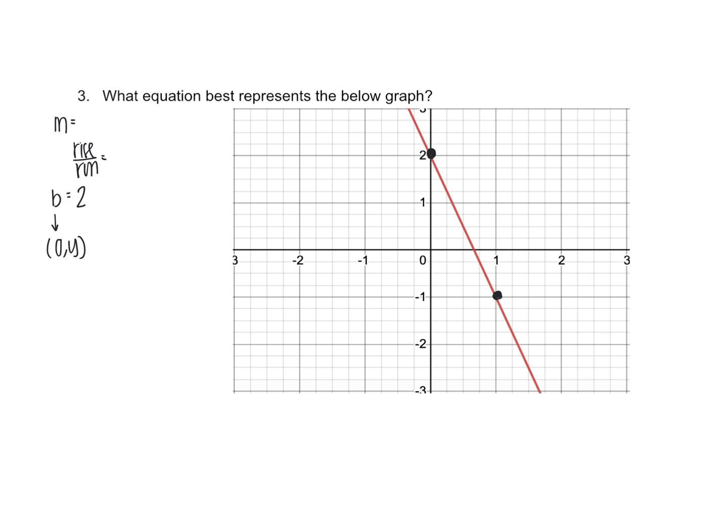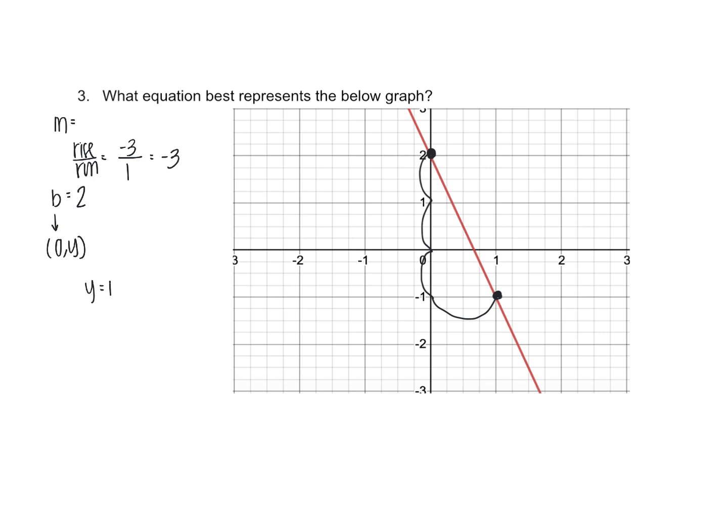To get from this point, we would have to go down 1, 2, 3, down 3. So that means our rise is -3 because we're moving down and we're doing that 3 times. Our run, we have to move 1 to the right, so that's a +1. This means our slope would be -3.